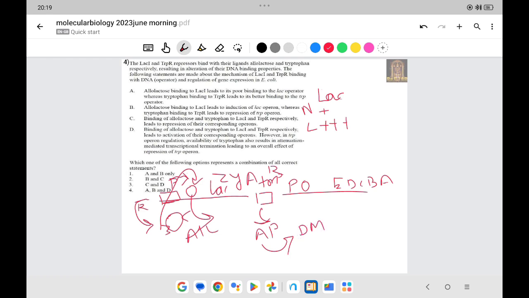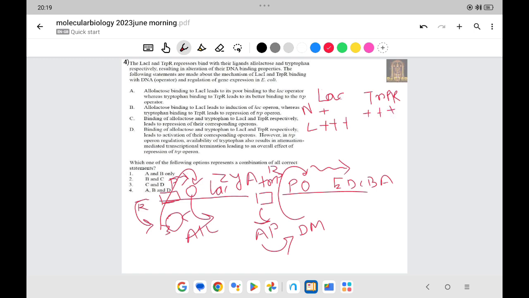In general cases, it can't go to the operator, so this system stays on when tryptophan is not present there. So in the case of trp R, in the normal condition, it stays on. So the production is high.